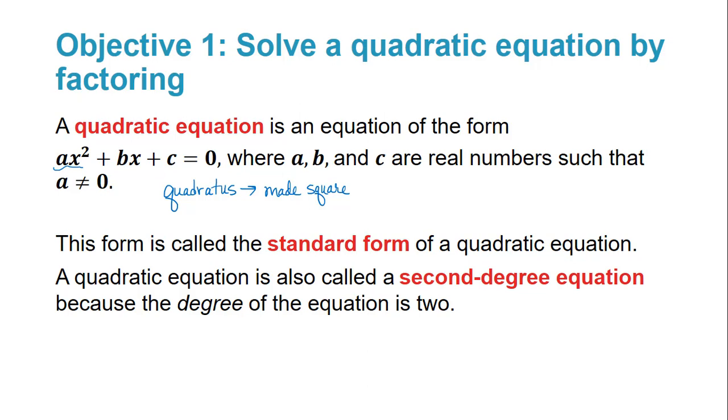This form, ax squared plus bx plus c equals 0, is called the standard form of a quadratic equation. Also note that a quadratic equation is called a second degree equation because the degree of the equation is 2.